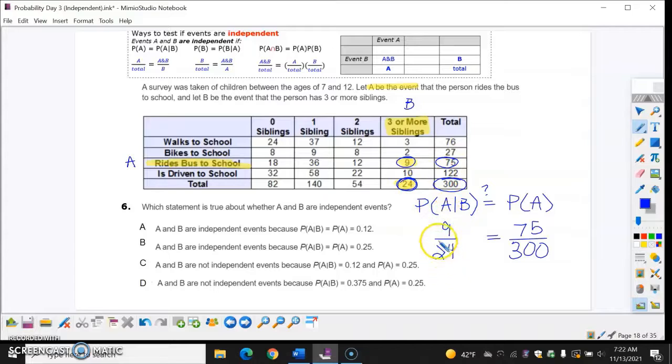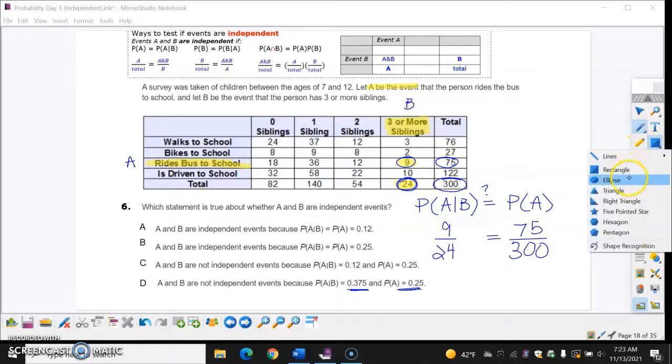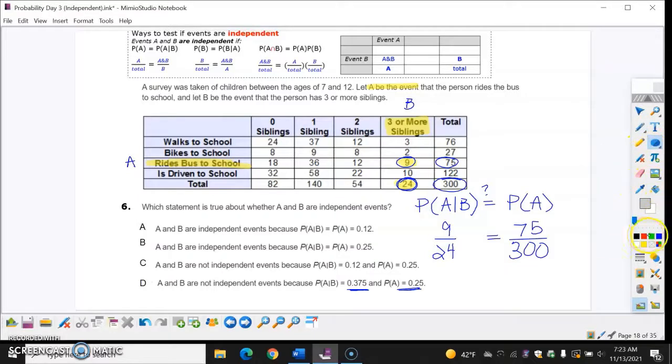And if you do 9 out of 24, that's going to give you 0.375. 75 out of 300 is 0.25. So that means that they are not independent because you get a different probability in the 3 or more siblings than you do in the total that ride the bus to school.